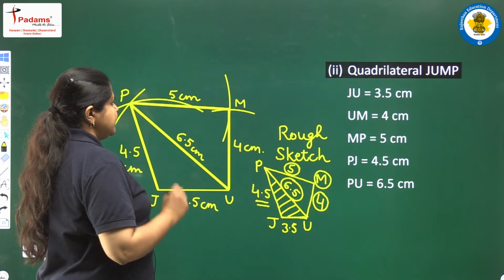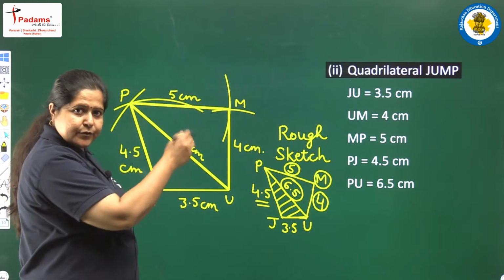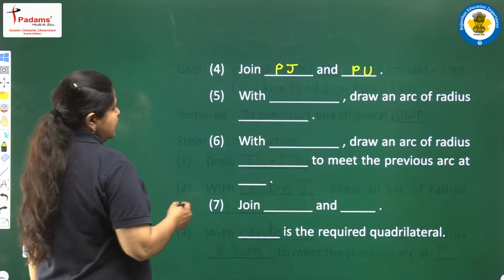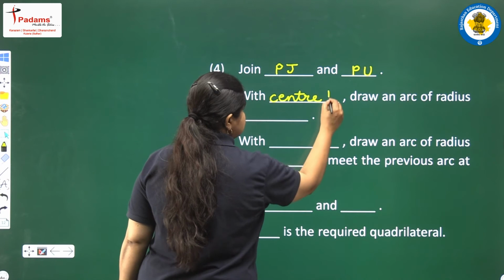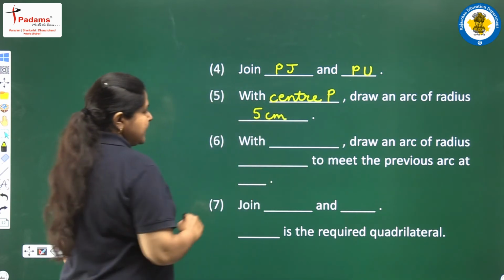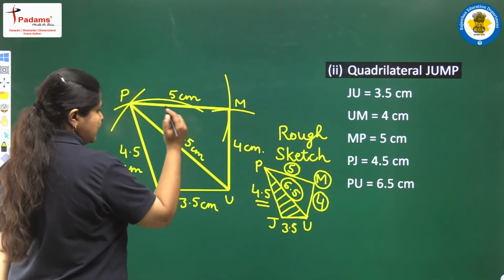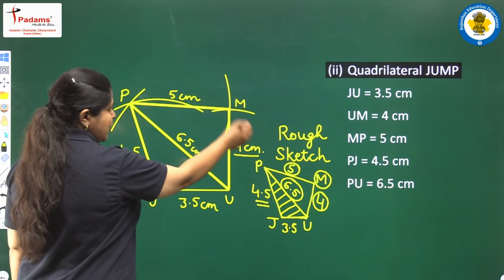Then what we did, with P as center and radius 5 centimeter, draw one arc. With center P, draw an arc of radius 5 centimeters. Then what next we did, with center U and radius 4 centimeters, draw another arc.